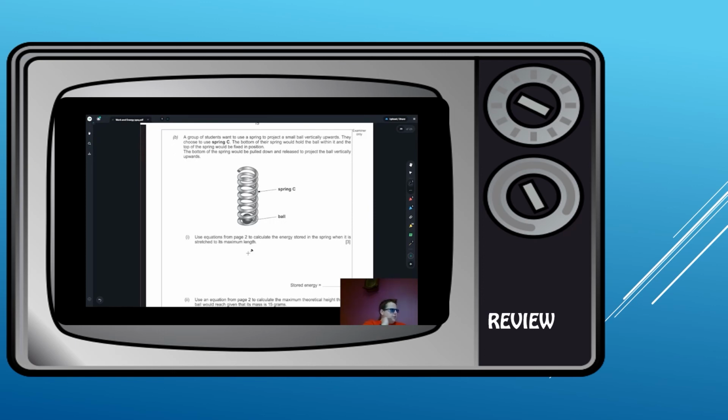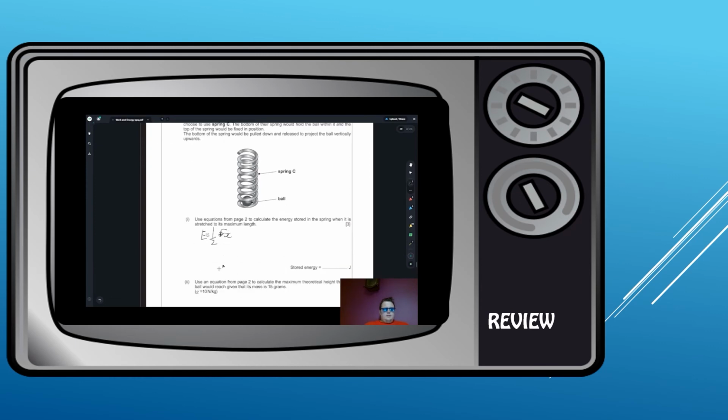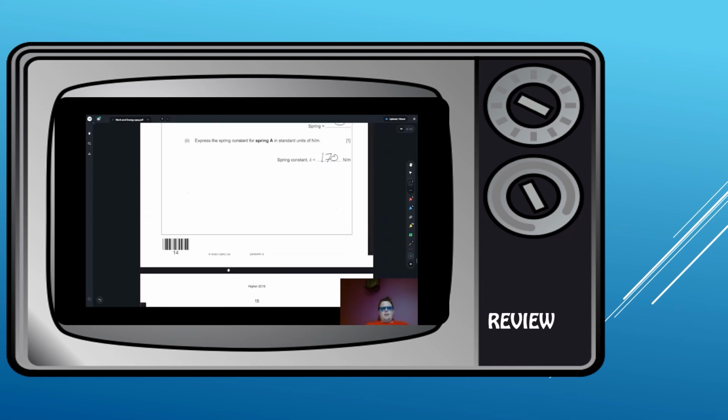Okay, so chosen spring C. Work out the energy stored when it's at its maximum length. So the energy stored in a spring is a half Fx, or, as we haven't got F, it's going to be a half Kx squared because we've got K and we've got X. So let's put those numbers in.